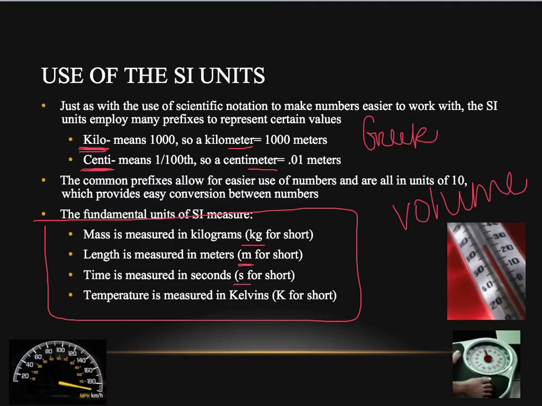Time is measured in seconds, which is abbreviated S, not SEC, but just S. And temperature is measured in kelvins. We'll talk more about that in a little while, but the abbreviation for kelvins is a capital K. The standard unit of measure for volume is milliliters. So small m, capital L for liters.